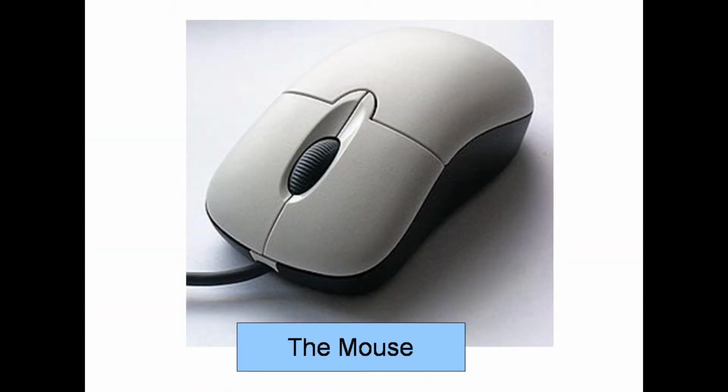Now, first of all, we have had a mouse around for quite some time now, but there was a time that there was no mouse. This is a display here of what is very common to a mouse.